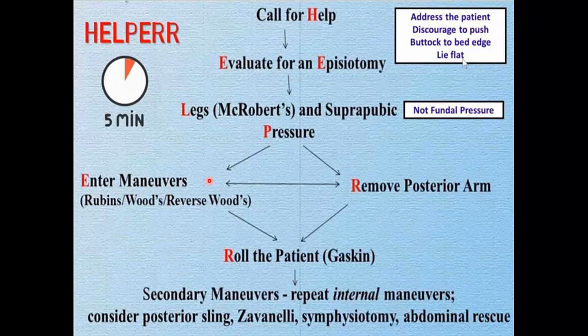Most clinicians prefer to start with the enter maneuver, then remove of the posterior arm. Then if that fails, you can roll the patient to the Gaskin position and do all these maneuvers again. If that fails, you do secondary maneuvers like the Zavanelli and symphysiotomy. This is also shoulder dystocia management.